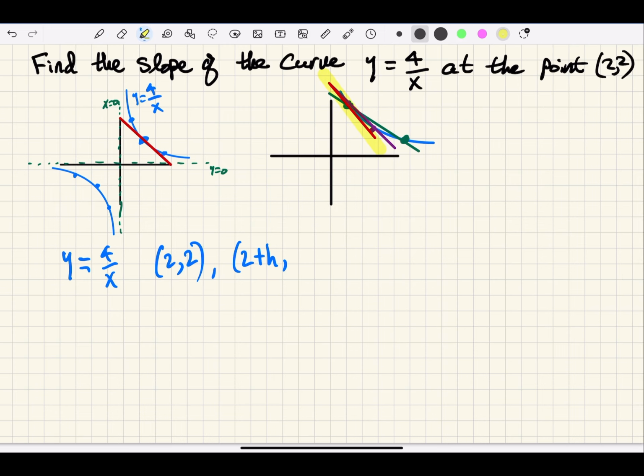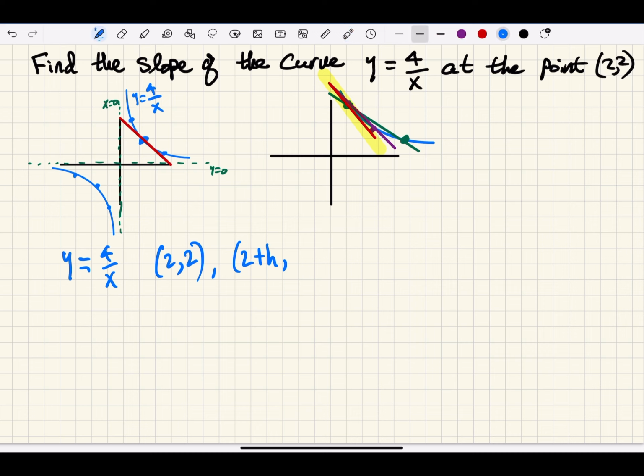So we have the function y equals 4 over x, and we're going to start at the point (2, 2), and then look at a point that is very near to (2, 2). In fact, one that is h units away. If we look at an x value that is h units away from 2, we would call it 2 plus h.